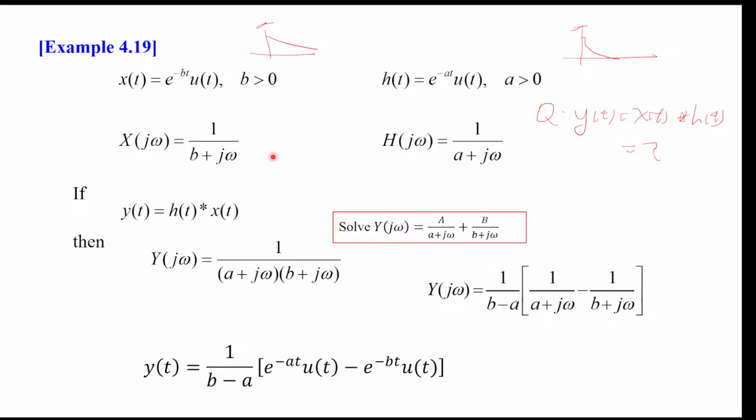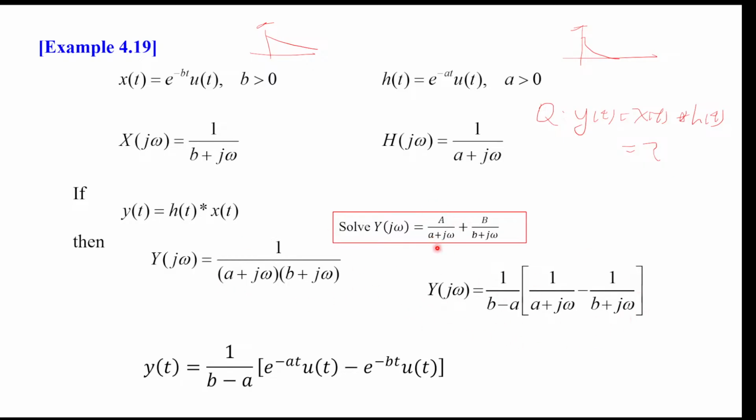And then we already know the Fourier transform of 1 over something plus omega. So we say, how about we break big Y equal to some coefficient big A to be calculated over a plus j omega plus some coefficient big B over b plus j omega. Okay, and if we can solve for this, and indeed we can.